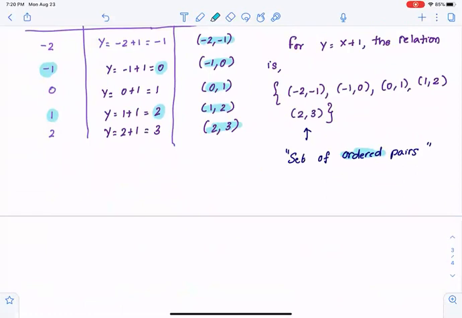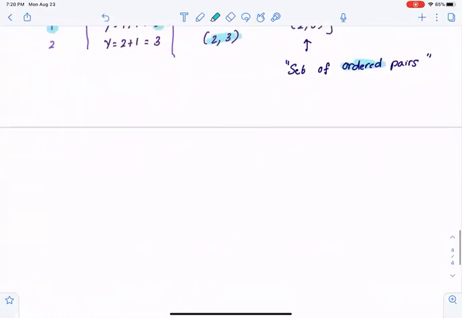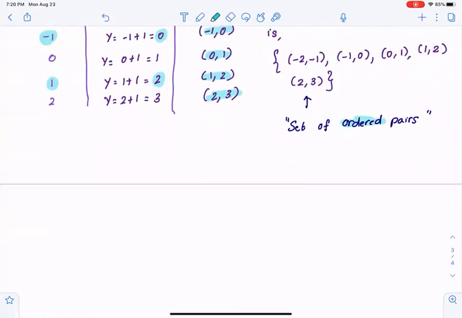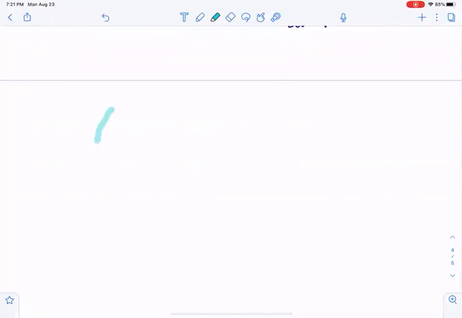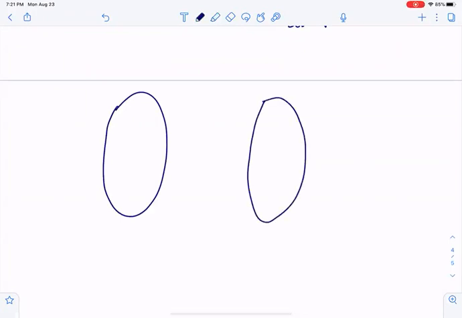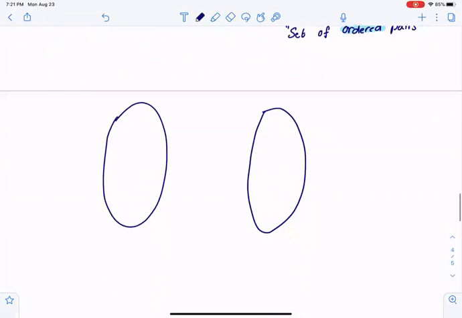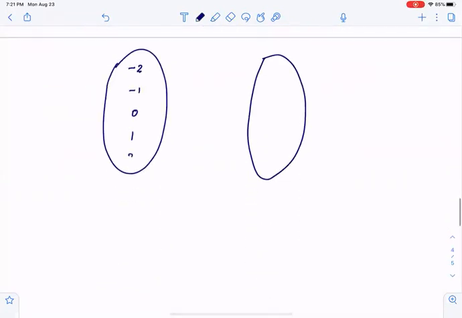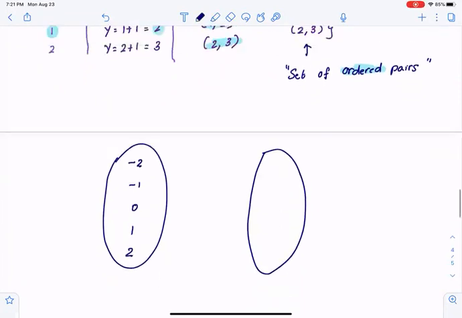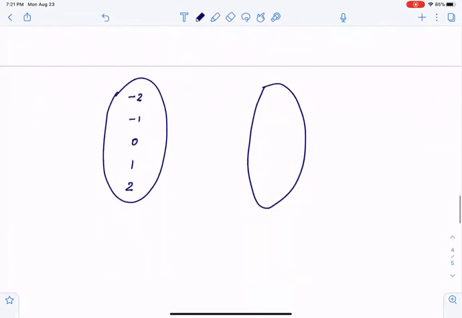I could take this and show that the function y equals x plus 1 is in fact a relation. So I'm going to write in all the x values: -2, -1, 0, 1, and 2. The corresponding y values I have already: -1, 0, 1, 2, and 3.